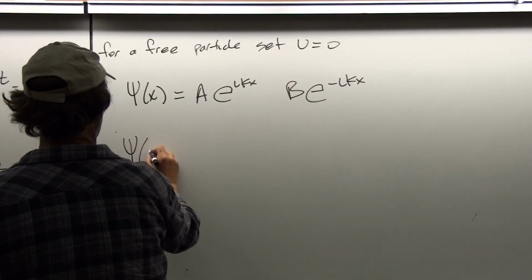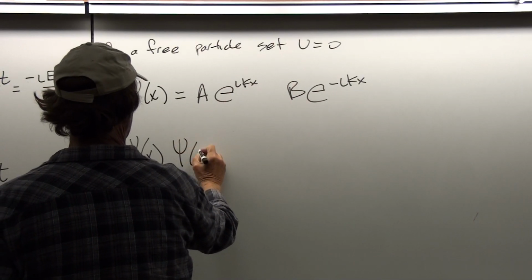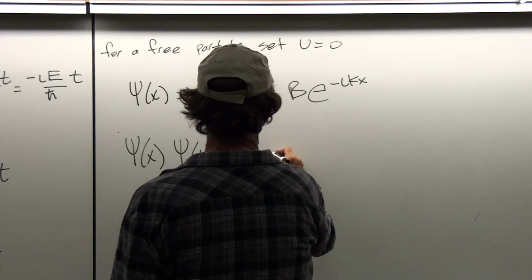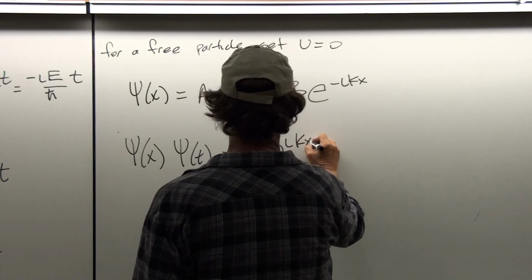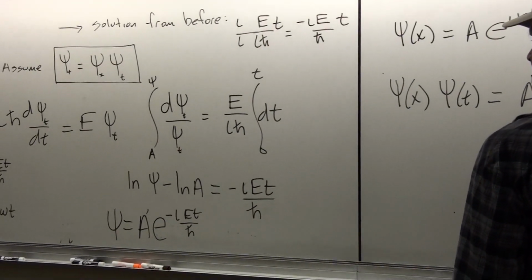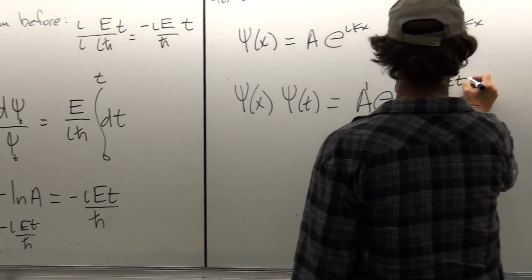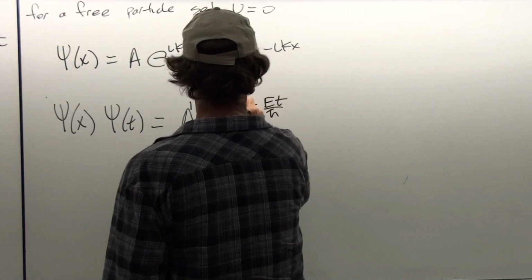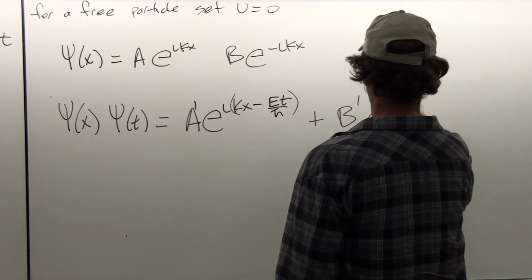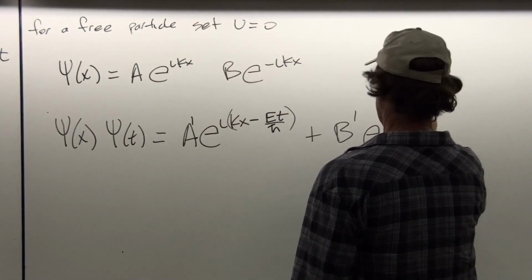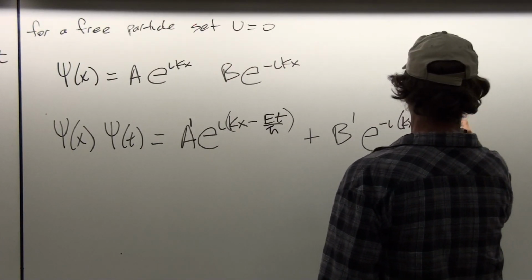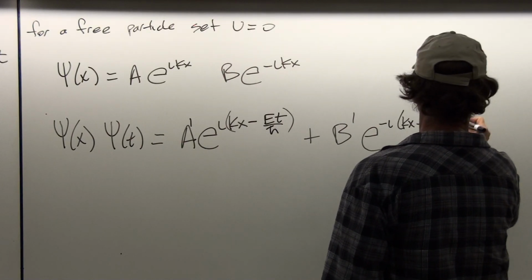So then psi of x and t would be equal to a prime e to the i kx minus omega t, or minus e t over h bar, plus b prime e to the minus i times kx plus et over h bar.